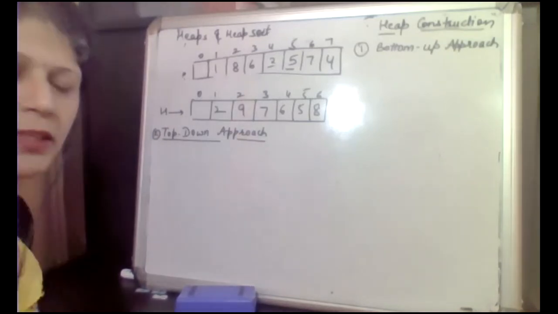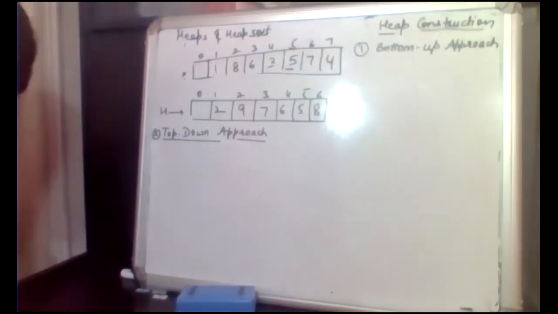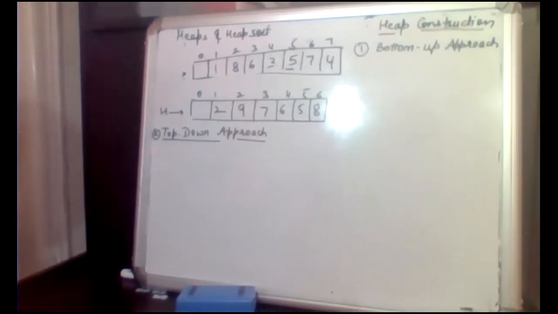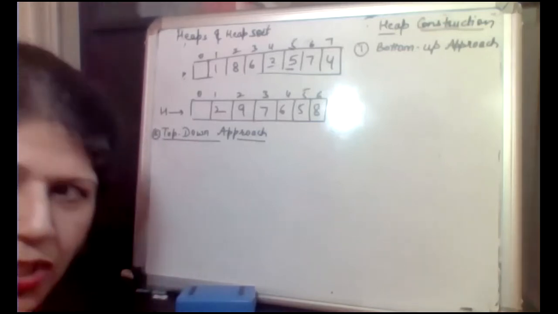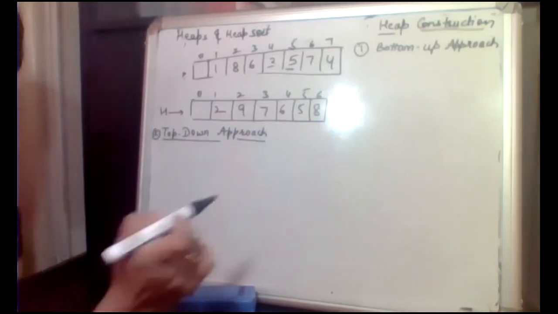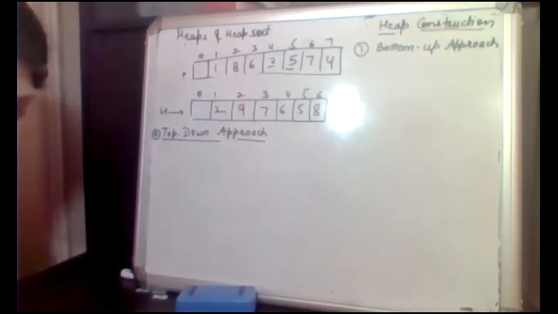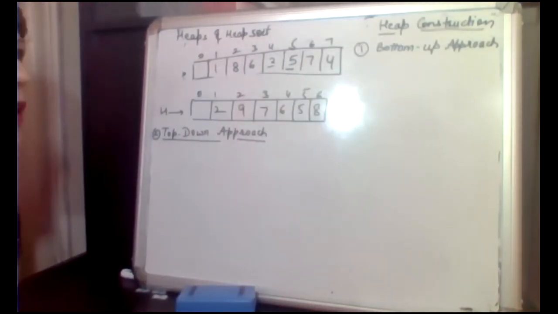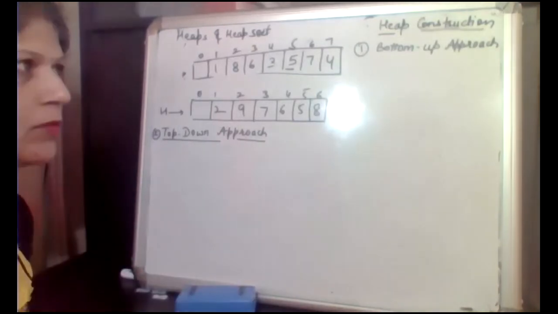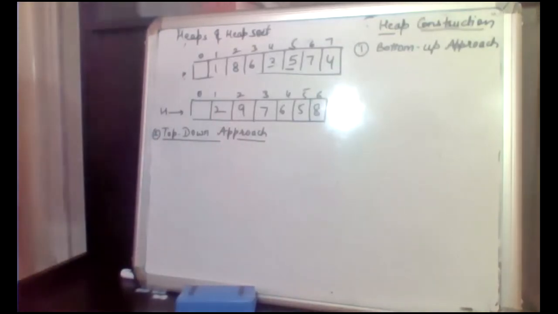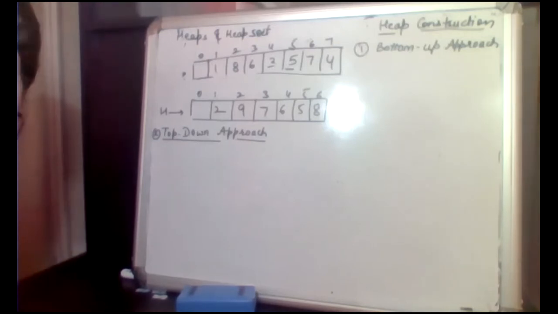We also talked about the heap construction algorithm, which involves two kinds of methods: the bottom up approach and the top down approach. Previously we talked about the bottom up approach. We have seen the algorithm as well as two programs.